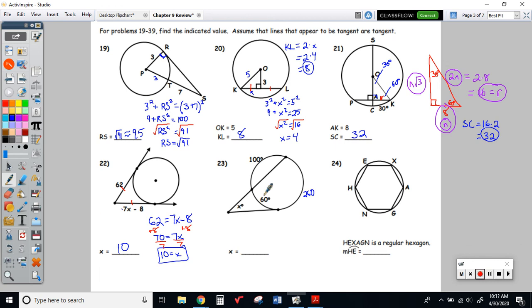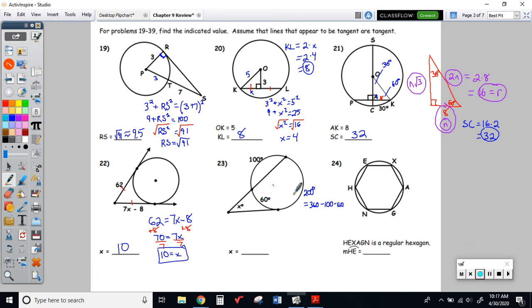So then if we've got 60 of those degrees here, that means this arc from that dot to that dot would be 200. So 200, that's just coming from 360 minus 100 minus 60. So 200 degrees is that arc from that dot to that dot right there.